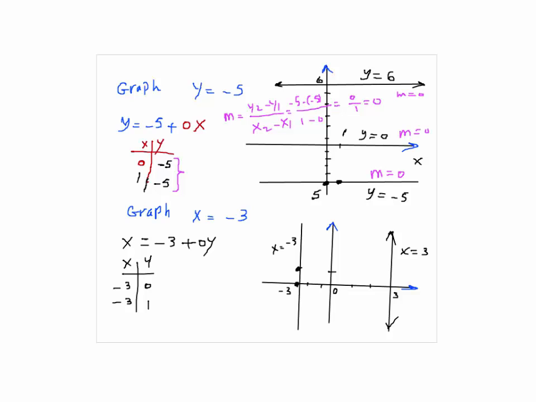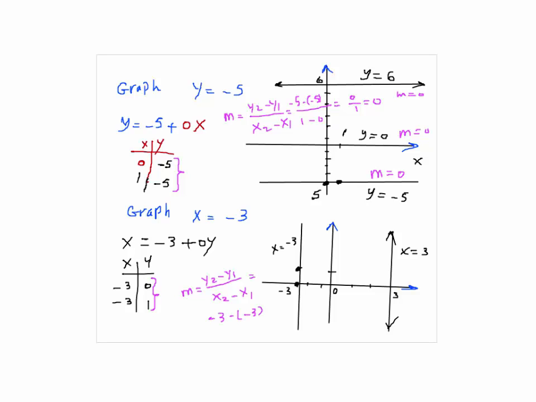What would be the slope of a vertical line? Anybody? Remember the formula is y2 minus y1 over x2 minus x1. If I take these numbers, this time the numbers at the top are not the same. This time the numbers at the bottom of the fraction would be the same. So it would be -3 minus -3.